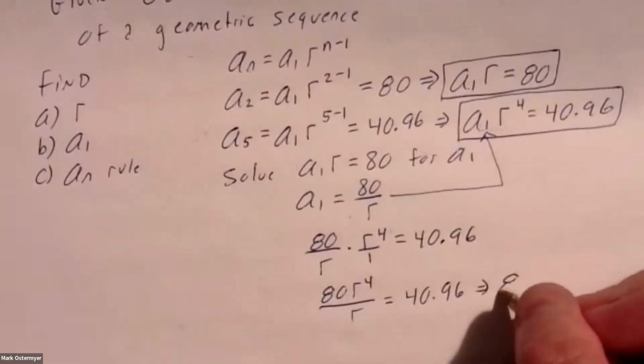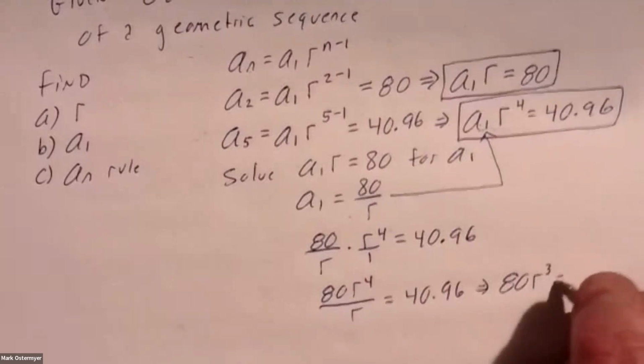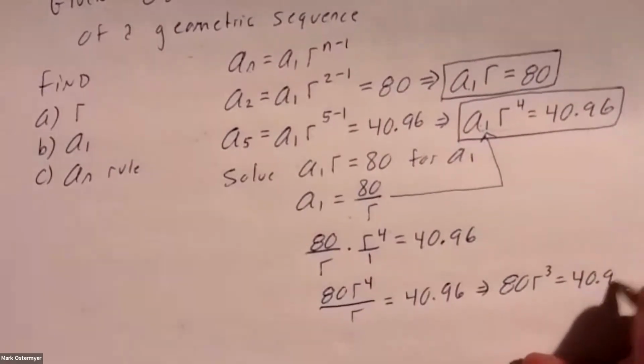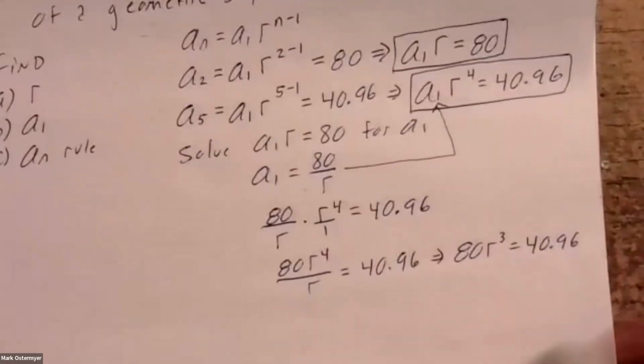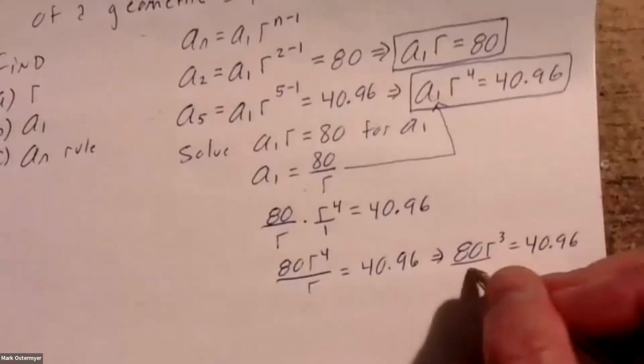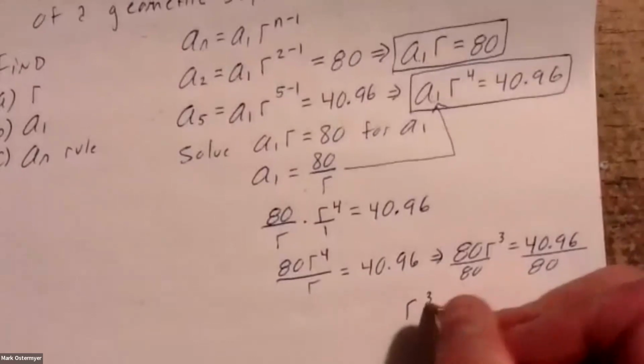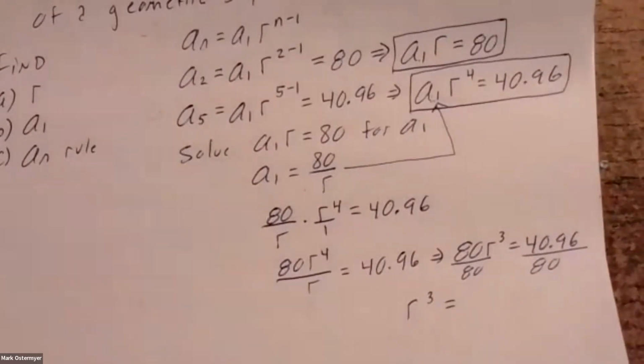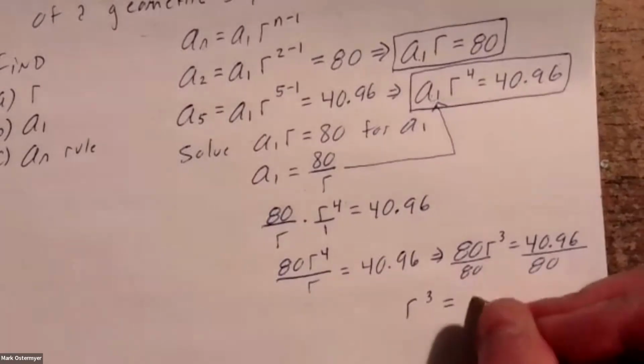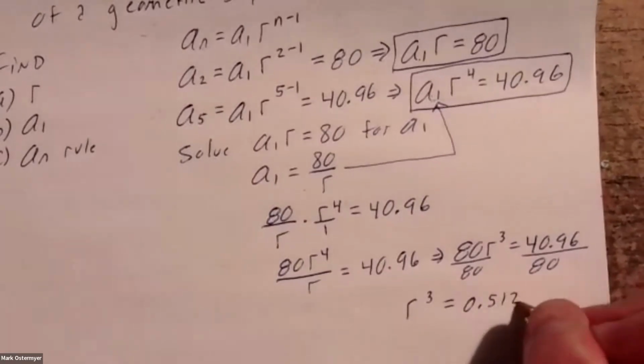But this is really 80 times r cubed is equal to 40.96. To solve for r, I'm going to divide both sides of my equation by 80. And then I get r cubed is equal to, and I'm going to actually do the division here, 40.96 divided by 80 gives me 0.512.